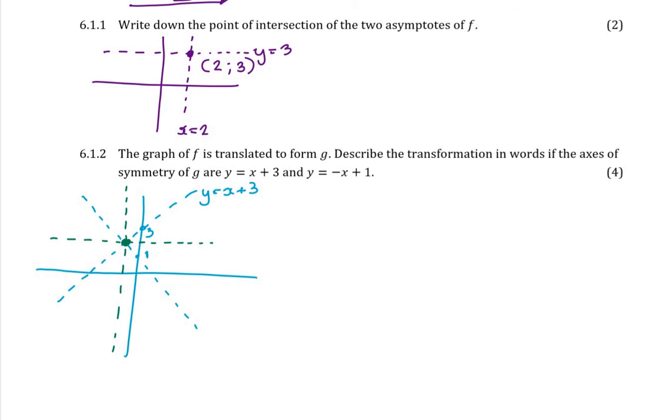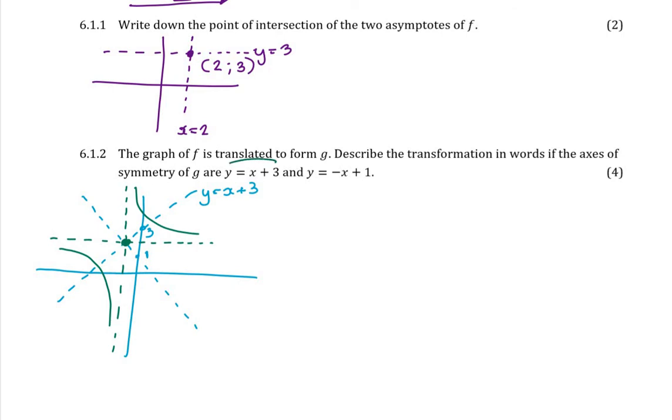I'm just going to say that again because it's quite an important concept. The axes of symmetry of a function always intersect at the point where the two asymptotes meet. So basically this graph will be somewhere there and somewhere there, and these axes of symmetry are going to tell me what the two asymptotes are.